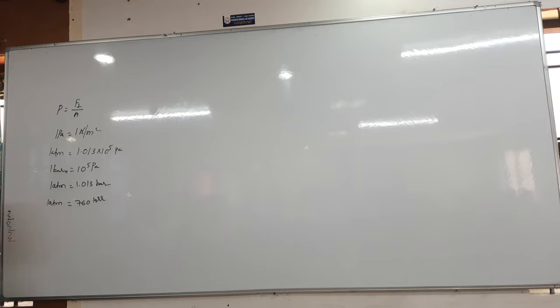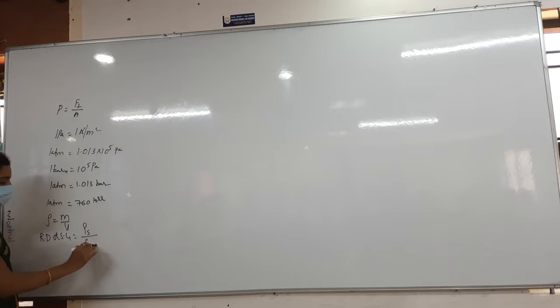After that we discussed the density. Density is nothing but mass by volume. The units will be kg per meter cube or gram per cc. Then relative density or specific gravity. What is the formula? Density of substance by density of water, exactly at what temperature? 4 degrees Celsius.